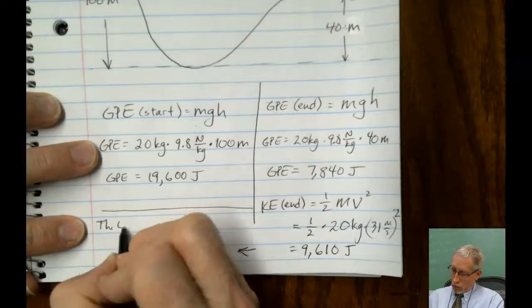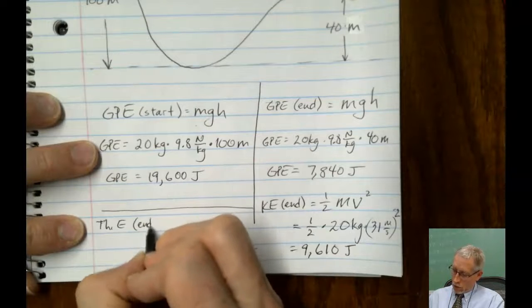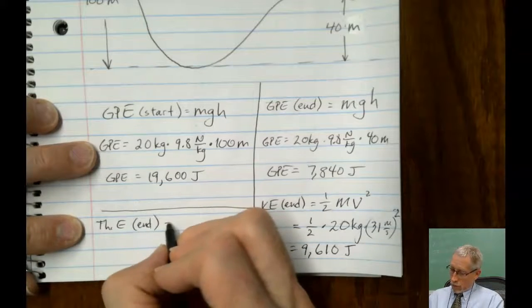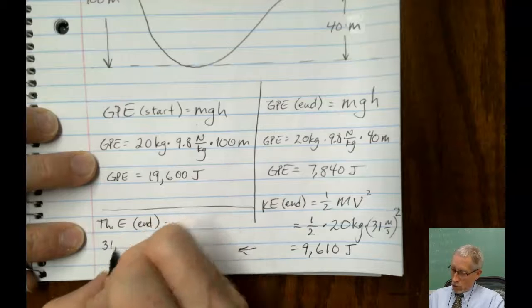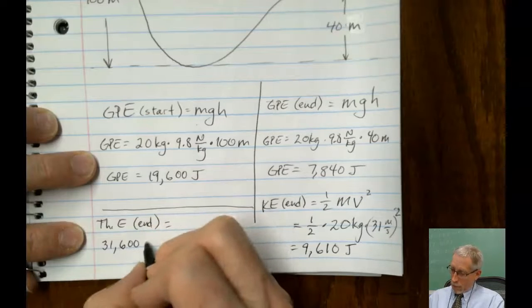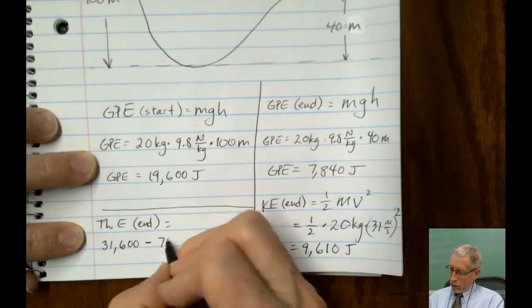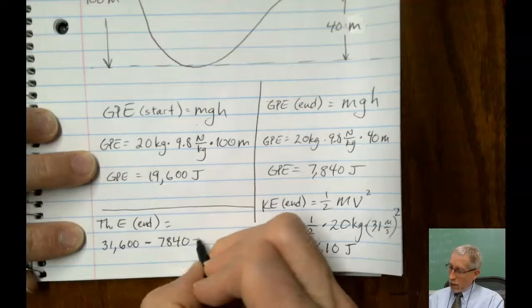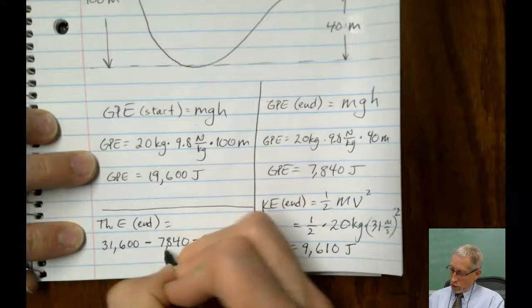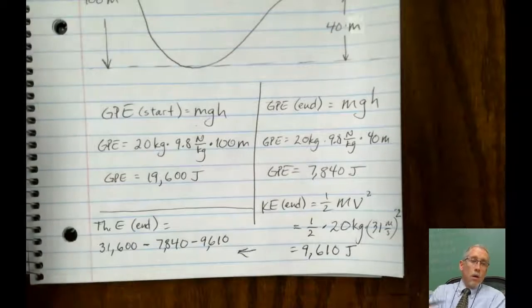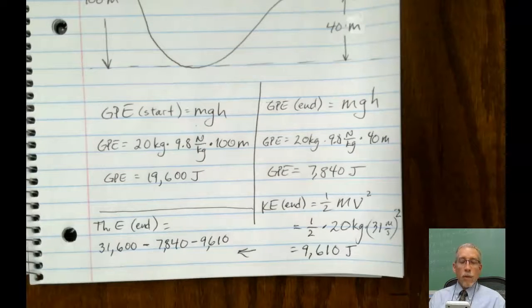So the thermal energy at the end is, now there's no formula for it again, so what I'm going to do is just write out 31,600 joules minus 7,840 and minus 9,610. So I've subtracted the two parts that I know, and the rest of it, or the leftovers of that, is thermal energy.